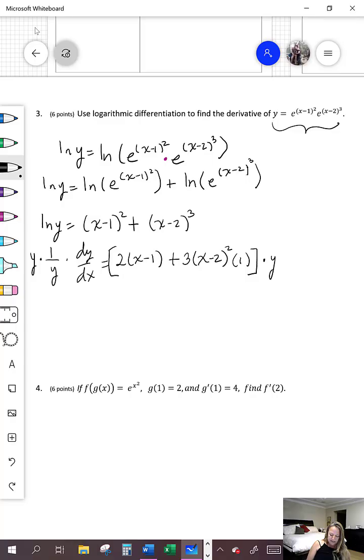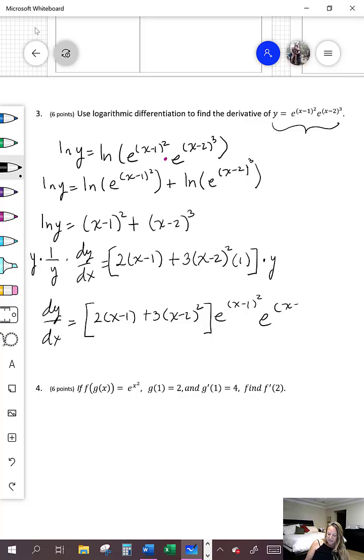And so we get that dy/dx is equal to 2 times the quantity (x minus 1) plus 3 times the quantity (x minus 2) squared, all times y, and y was e raised to the (x minus 1) quantity squared, all times e raised to the (x minus 2) quantity cubed.